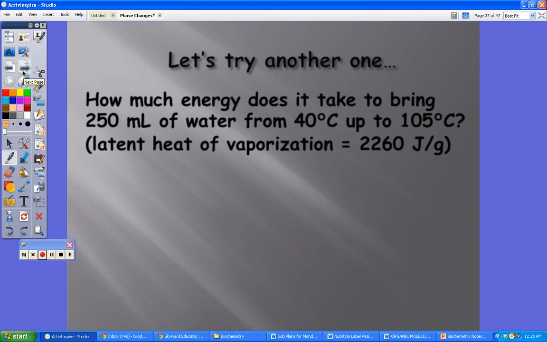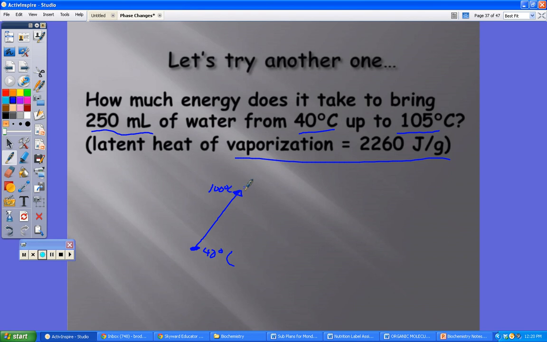Here's another example. How much energy does it take to bring 250 mL of water from 40 C to 105 C? Latent heat of vaporization is 2260. Now, if we talk about phase changes, we're going to start down here at 40 degrees Celsius. That's going to climb up to 100 Celsius.